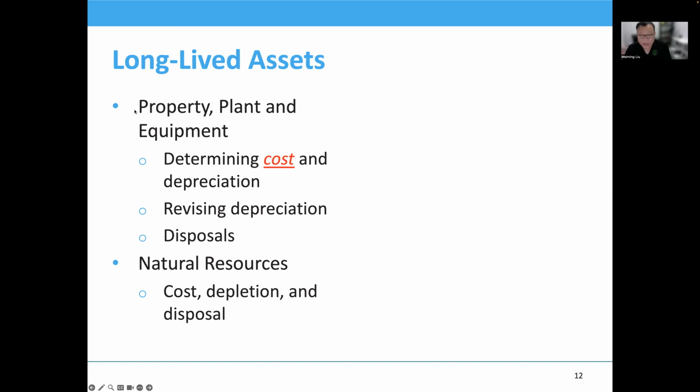One category is property, plant, and equipment. That would include land, buildings, machinery, vehicles, computers, right? You name it, all those types of long-lived assets. You can use them for multiple years, at least a period of time.